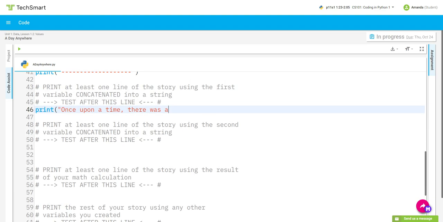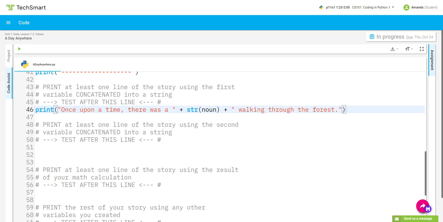So I'm just going to leave it like that. There was a, we'll see what happens, plus str noun plus walking through the forest.